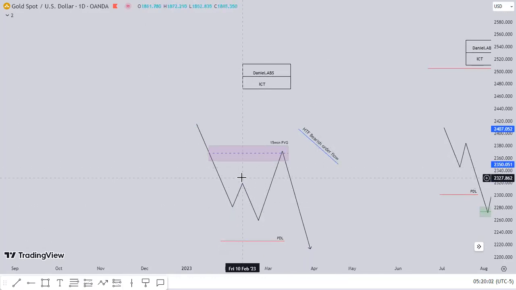So if the 15-minute goes up, not after taking sell side liquidity or not after reaching some PD array, a fair value gap on the daily or a 4 hour order block, price makes a fake MSS to the upside to go to the premium levels on the 15-minute fair value gap, then goes down with the higher time frame order flow to take the sell side liquidity.